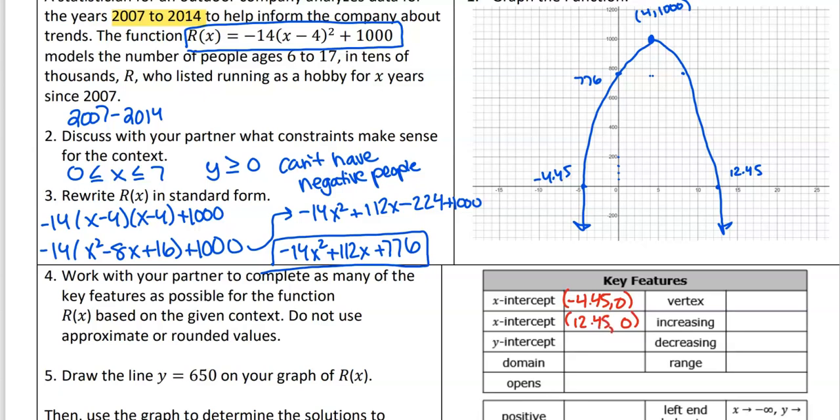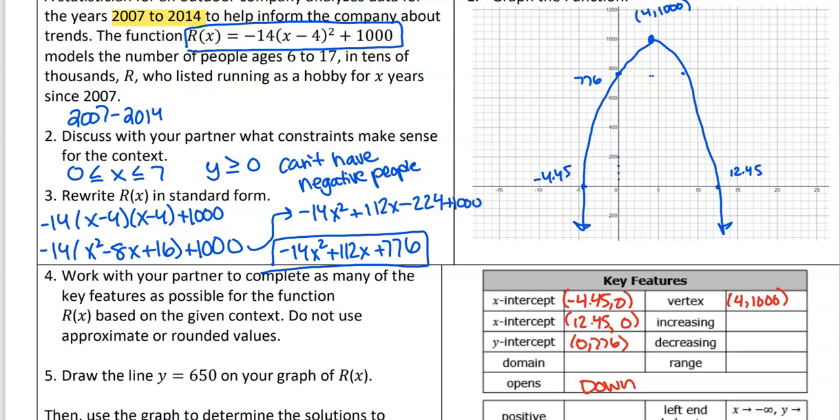What else do we know? What's our y-intercept? 0, 776. What else? It opens down. What is my vertex? 4 and 1,000.